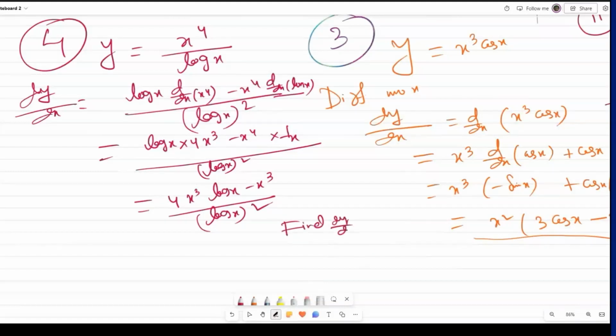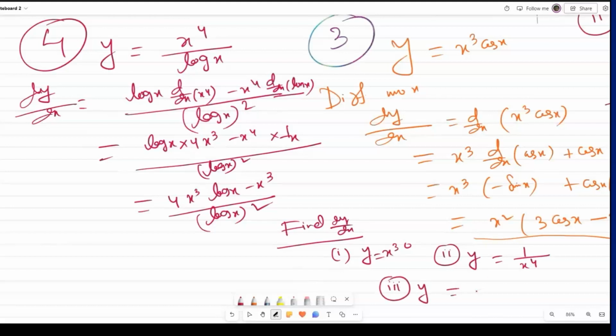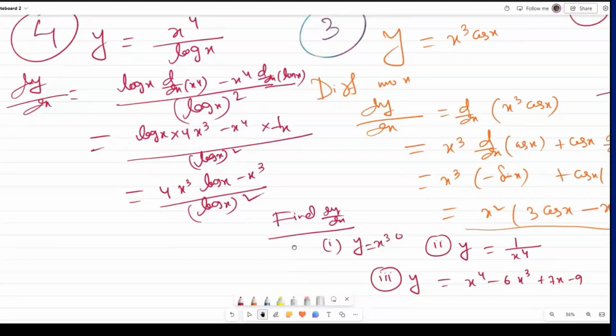Find dy by dx. Y equals x to the power 30. Y equals 1 by x to the power 4. Y equals x^4 minus 6x cube plus 7x minus 9.